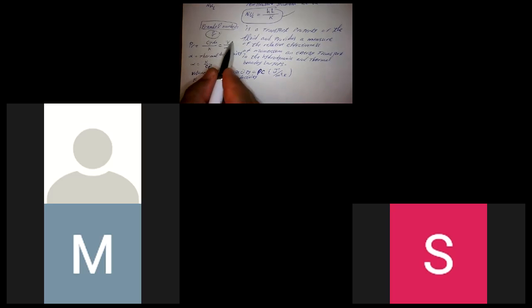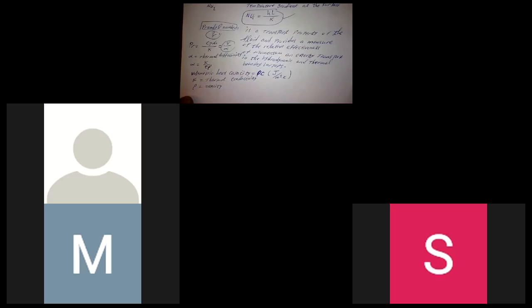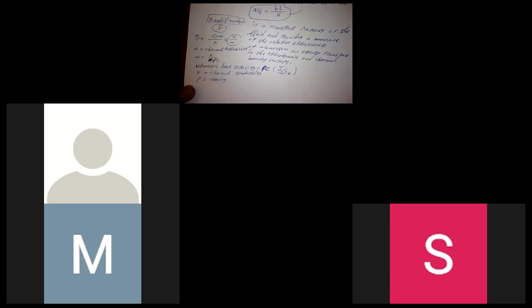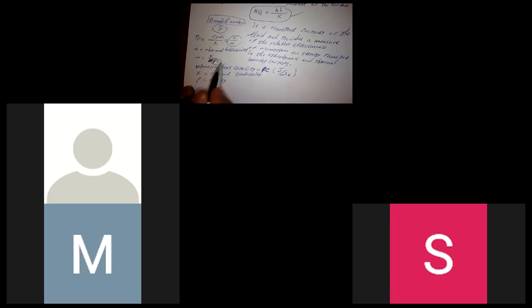So the product of rho and c, this is not c_p, okay? This is a little confusing, but don't worry about it. Just look at this ratio, and it's also given in the table. Alpha is actually the ratio of k over the product of rho and c.